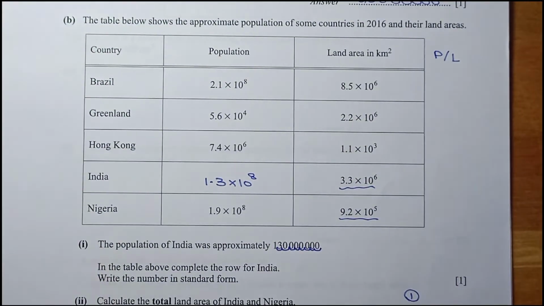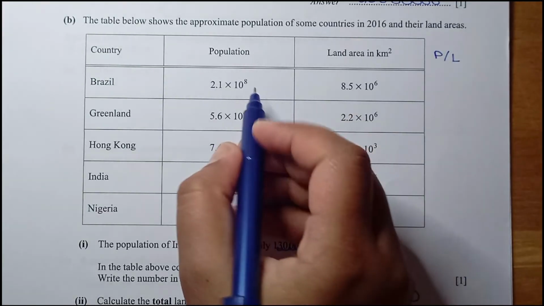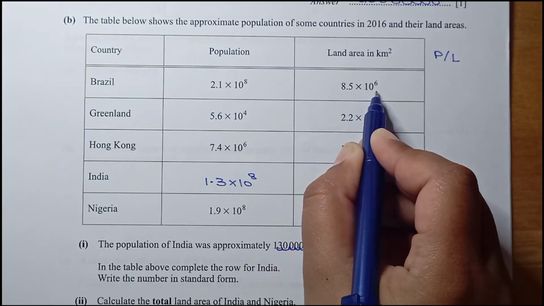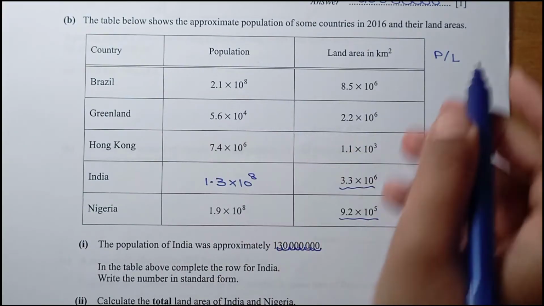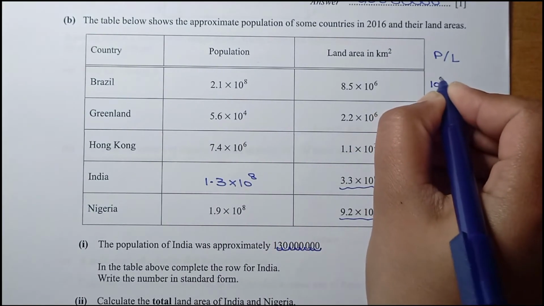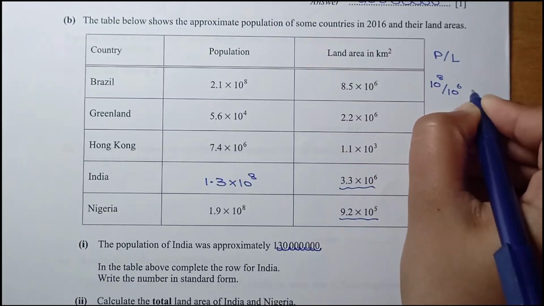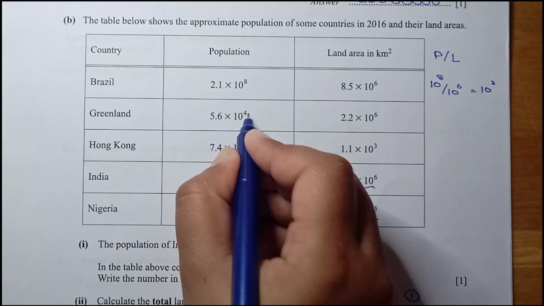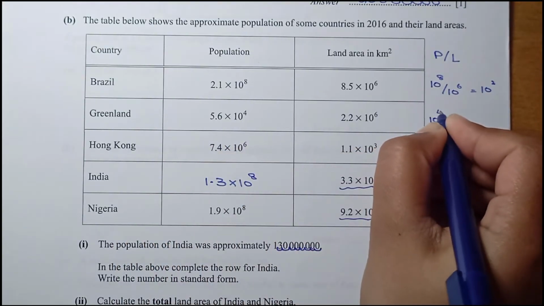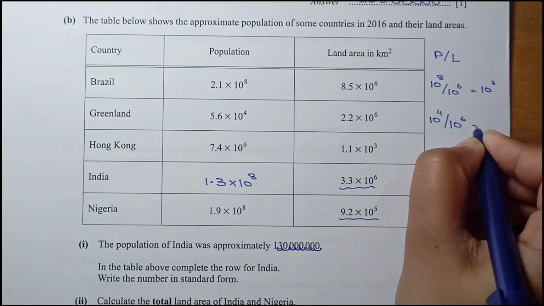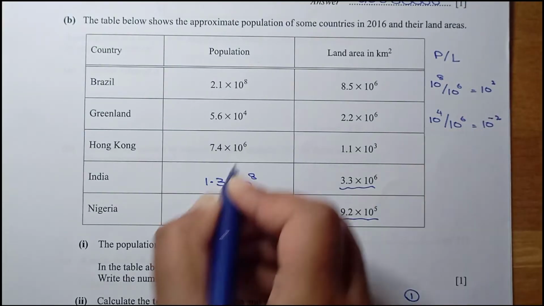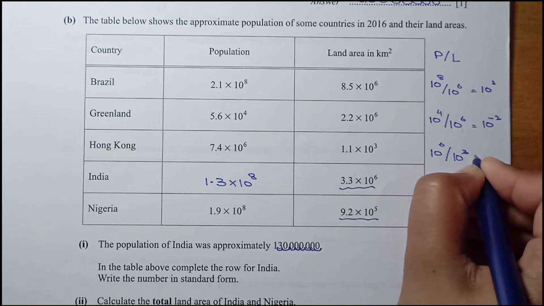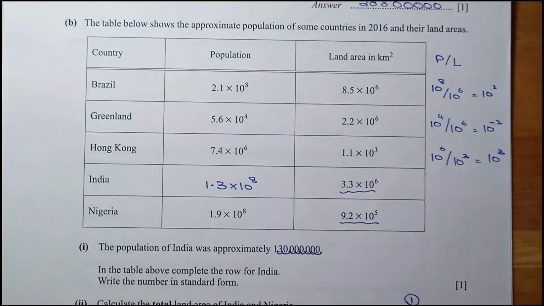Okay, so for the first, if we just divide their 10 exponent 8 by 10 exponent 6, so 8 over 6, this would be 10 exponent 8 minus 6 would be 2. 10 exponent 4 and 10 exponent 6, 4 minus 6 would be 10 exponent minus 2. 6 and 3, so 6 minus 3 is 3, right?